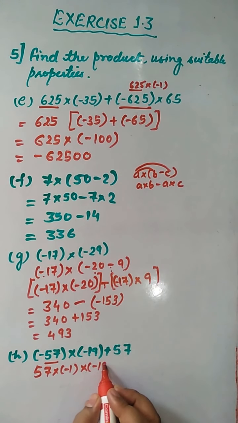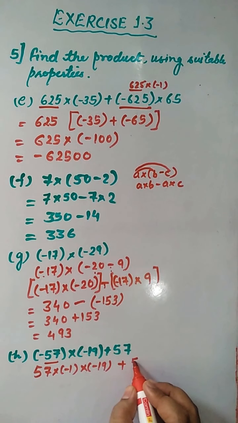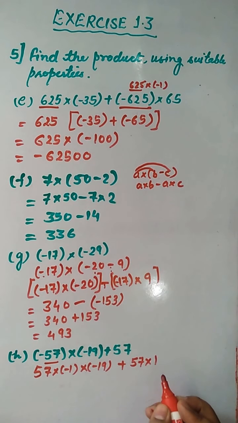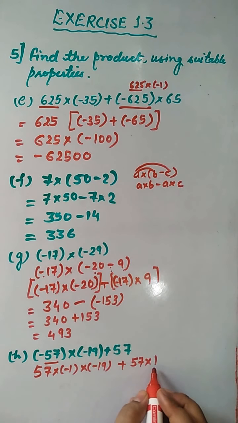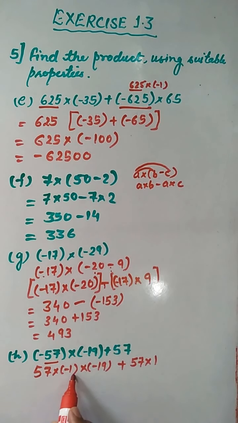Into minus 19. Then plus 57, you can write also 57 into 1, because when you will multiply with 1, there will be no change. So that is why, and minus sign is there, that is why I have multiplied with minus 1.